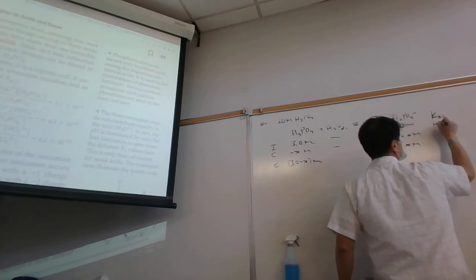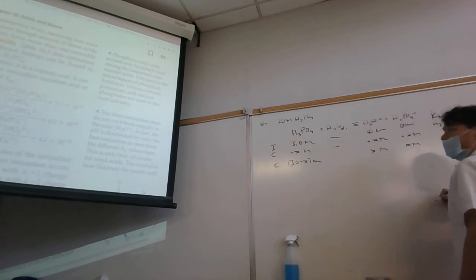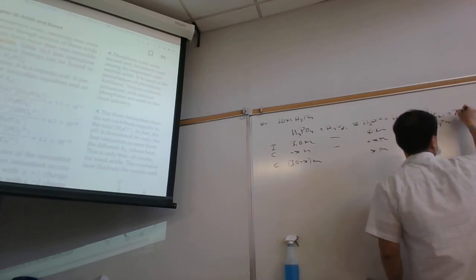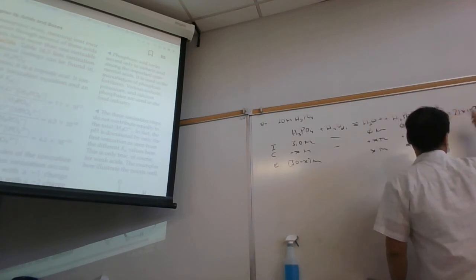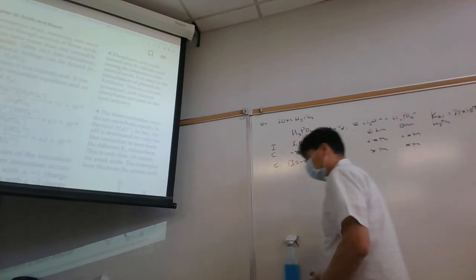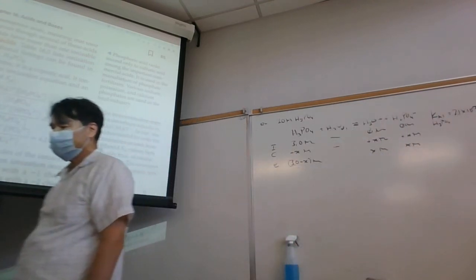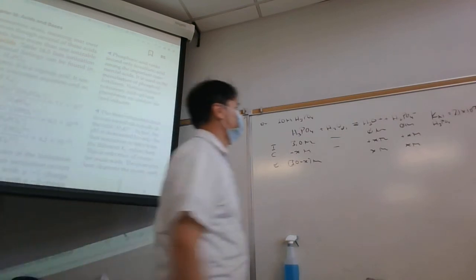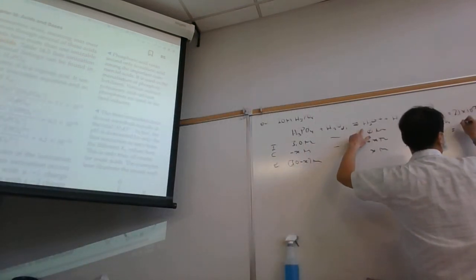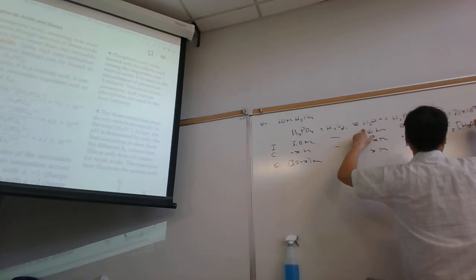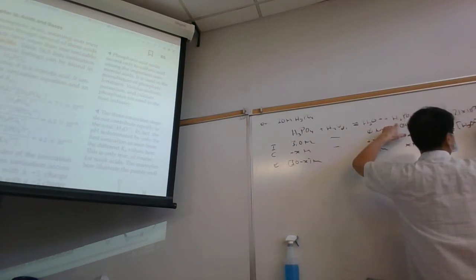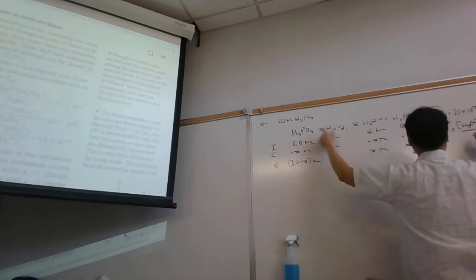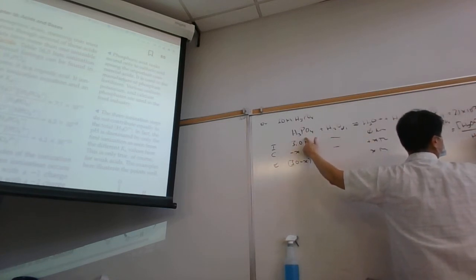Ka1, this is Ka1 for phosphoric acid, is going to equal 7.1 times 10 to the minus 3. So that's going to equal the hydronium concentration times the dihydrogen phosphate concentration divided by the phosphoric acid concentration.